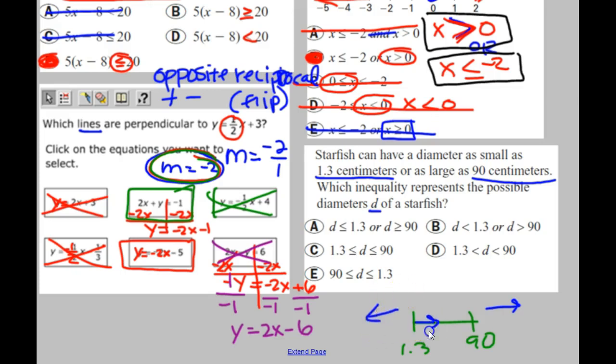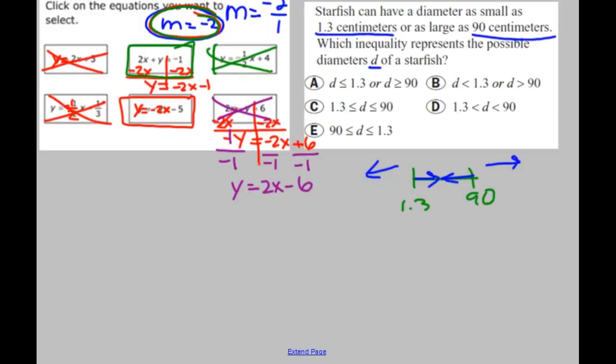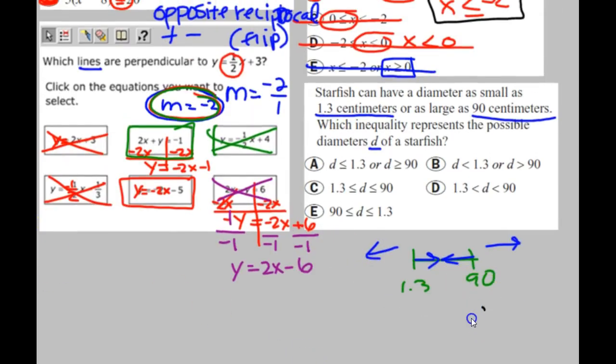So this is really what kind of statement? This is really an and statement. But let's think about that. As small as 1.3, so it could be equal to 1.3, or as large as 90, could be equal to 90. So we could have our answers. I'm going to use the letter D for our answers for the diameter.